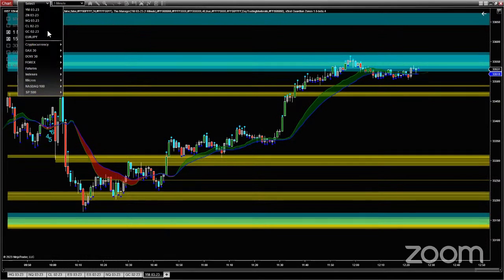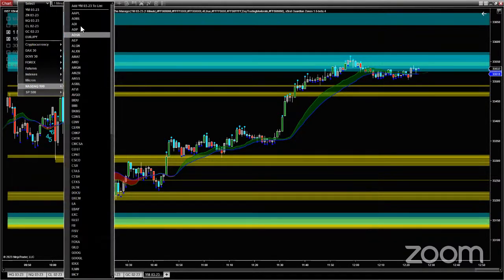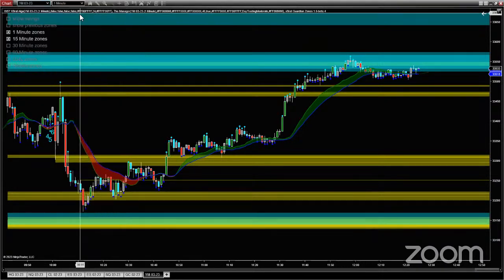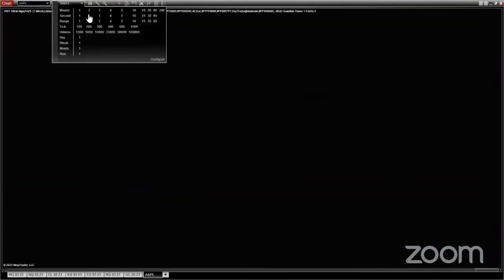So let's go to a stock. I haven't got a lot of stock data, but I'm sure I can put it on for Apple. Go 5 minutes. Oh, hang on. I need data. Bear with me. I need to switch that data on as well.